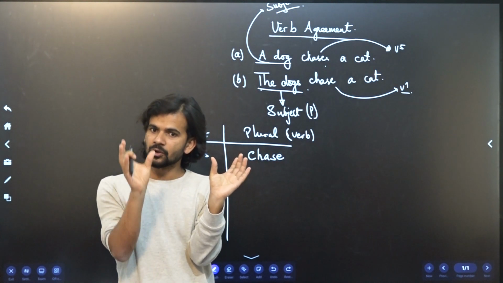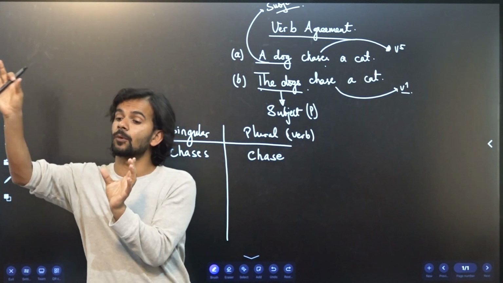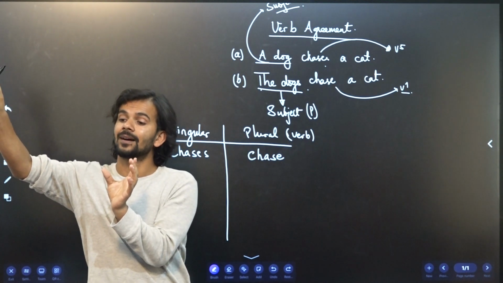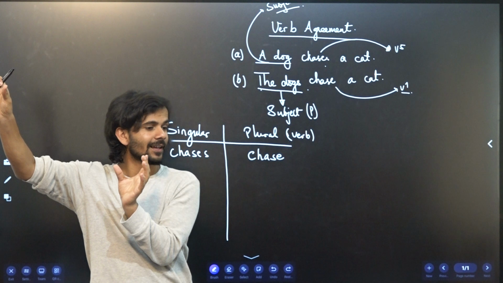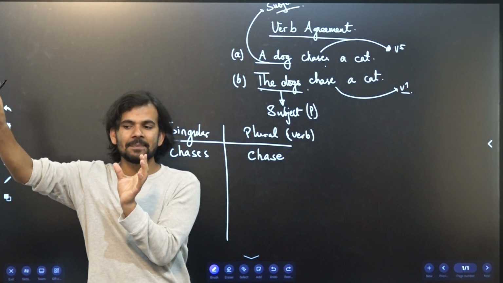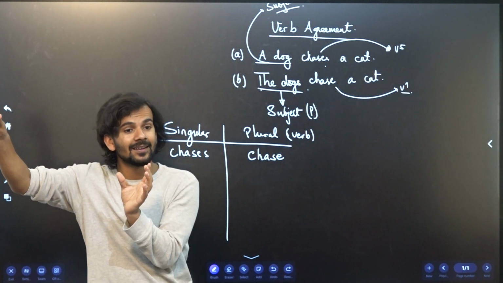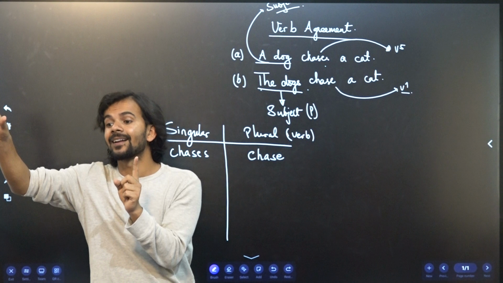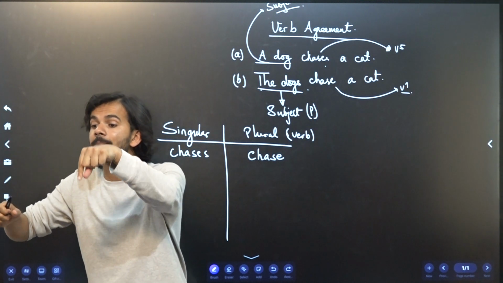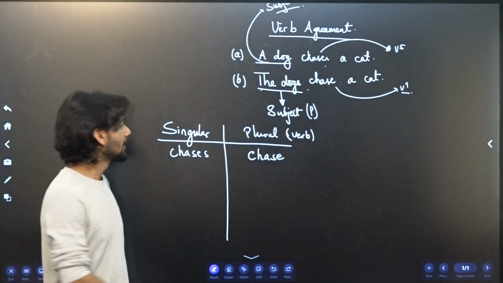So, am is a form of which verb? What's the main verb? No. Is, am, are, was, were. All these verbs are forms of the be verb.